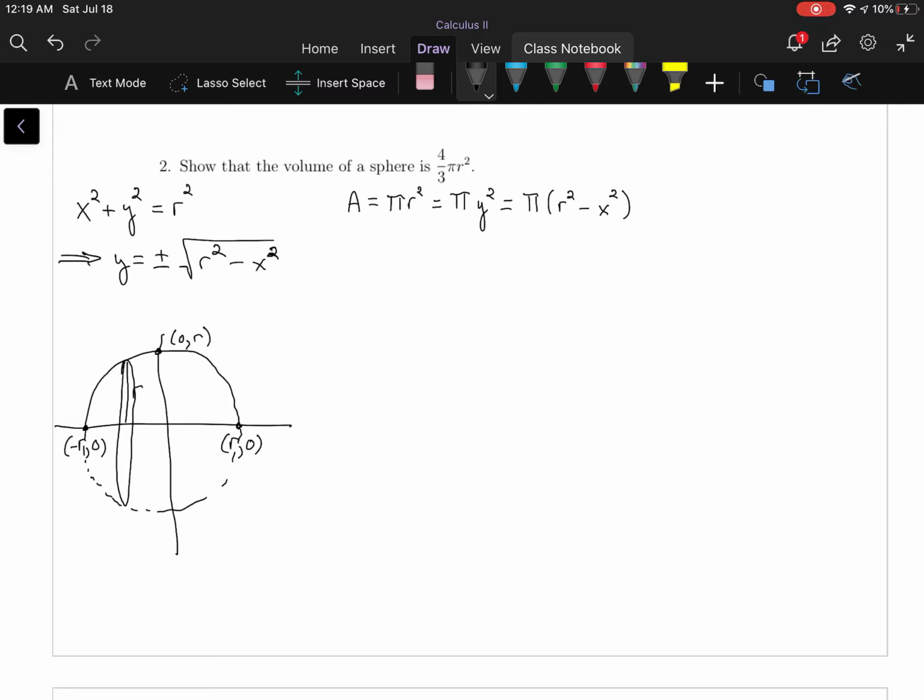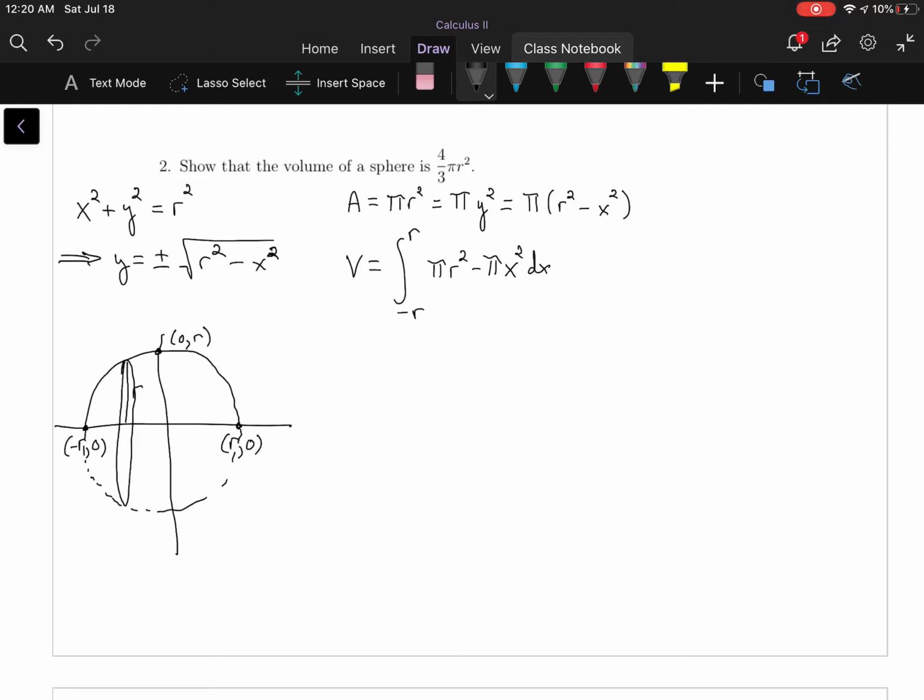So we want to now integrate this. So we've got the volume is the integral of pi r squared minus pi x squared. And we're integrating from negative r on the x-axis up to positive r.